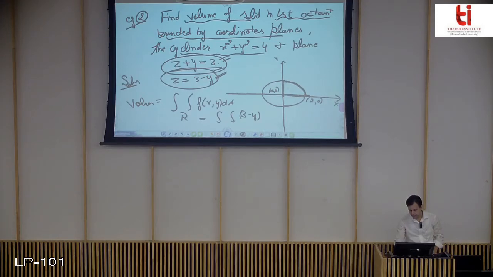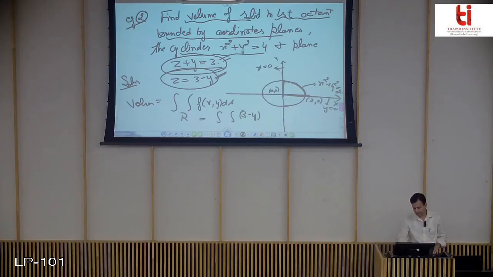This is your x-axis, this is your y-axis, and this is x square plus y square equals 4. This is y equals 0, this is x equals 0. So in the xy plane, because we need the volume, we need the limits of integration from the region we have in the xy plane.